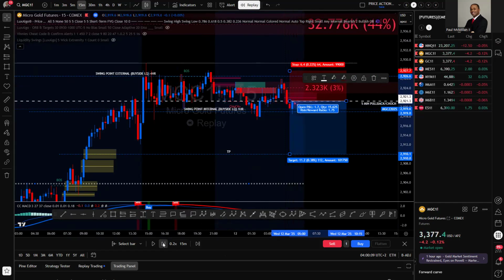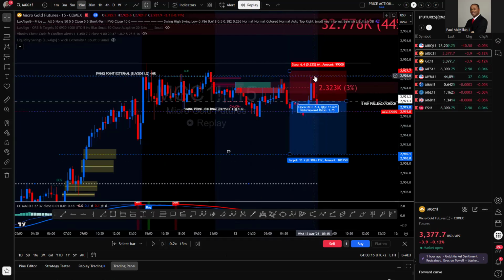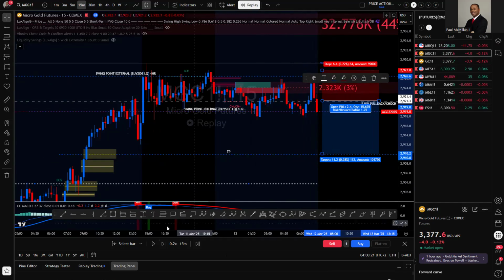Right? So notice we got another liquidity roll up here as well. The price took another one, but now we need to sell it. Let's see if we get around the field.